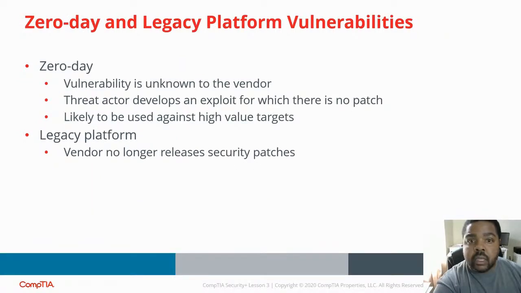Just to continue on with that conversation of having software that's out of date. You don't necessarily want legacy software out there that people are just using because it's worked for so long. Why should we change it? A good example would be someone operating on Windows XP, Windows 7, or Windows 8, and it's just like, hey, we set it up and we don't have any problems with it.